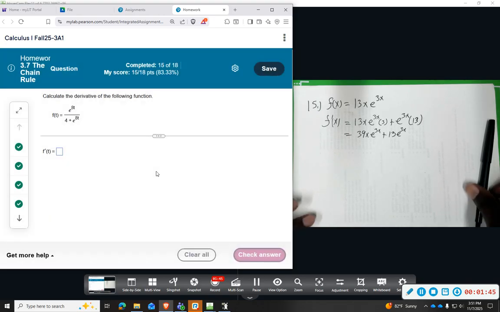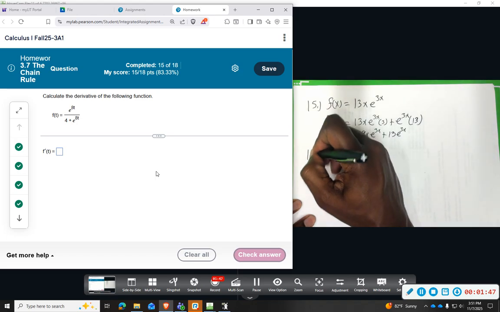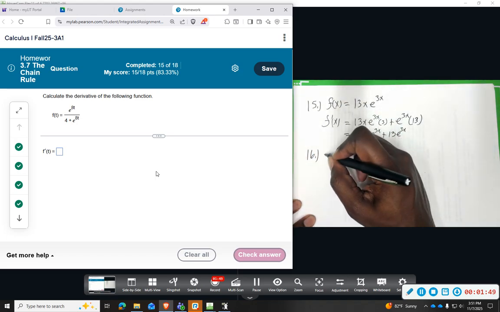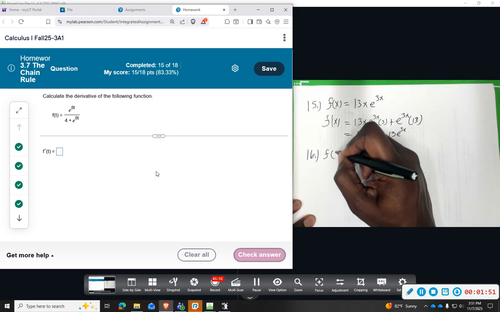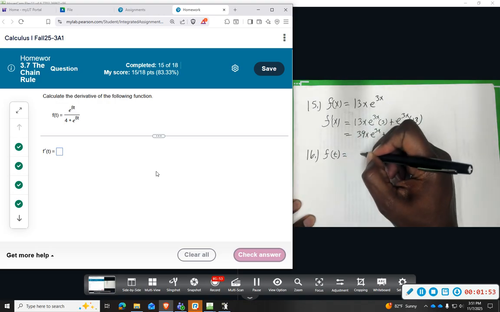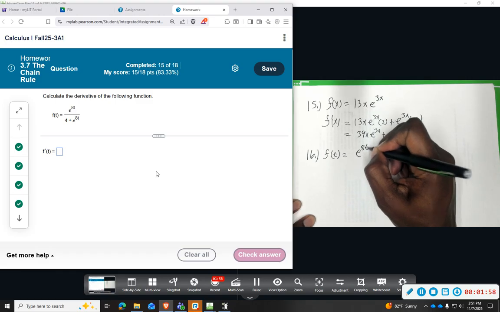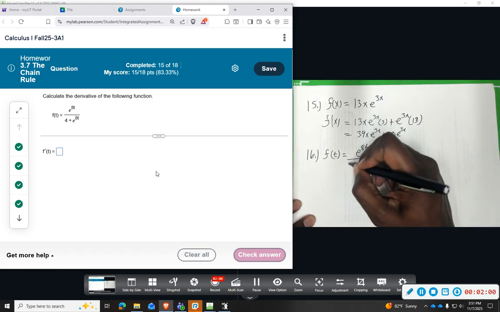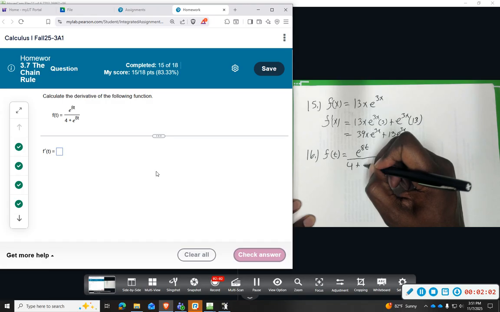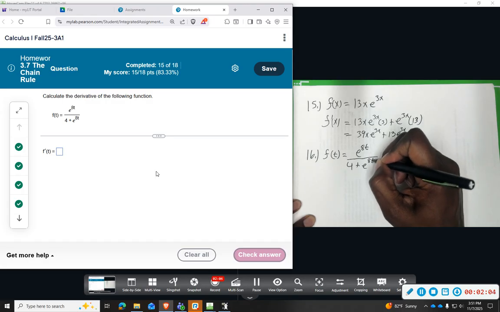All right, 16. We have a function of t, which is e to the 8t over 4 plus e to the 8t.